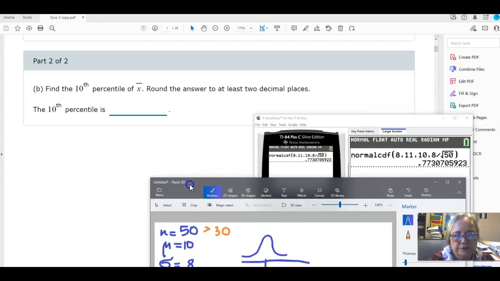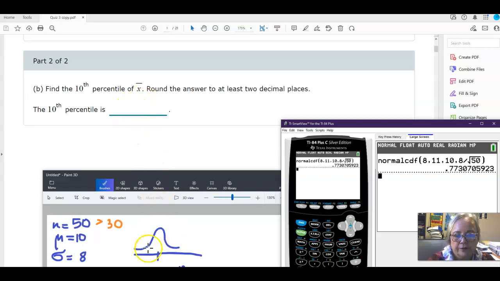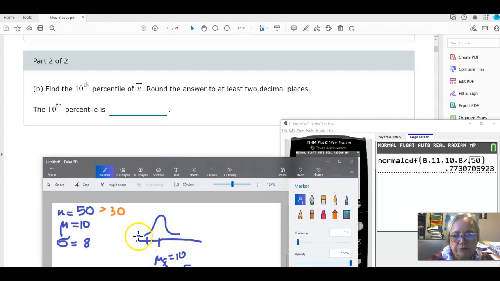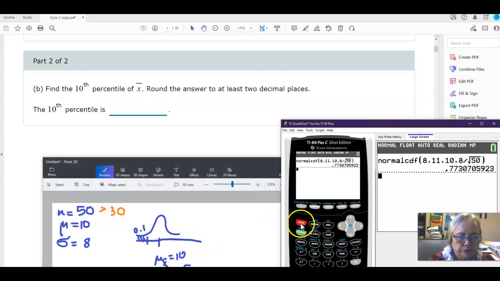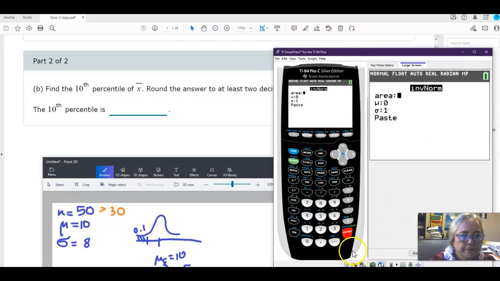Find the 10th percentile. Since our distribution is normal, we can find the 10th percentile of x bar. For that, we are looking for the z-score which separates the lower 10%, so it's 0.1 area, from the upper 90%. To find the 10th percentile, we will use the command invNorm and enter. Then you need to enter the area to the left, 0.1.